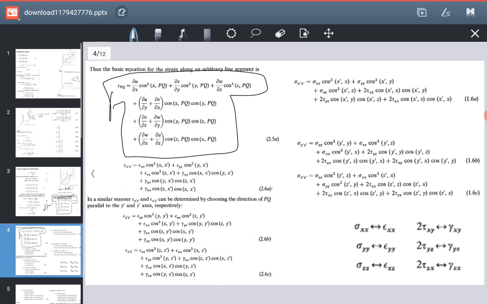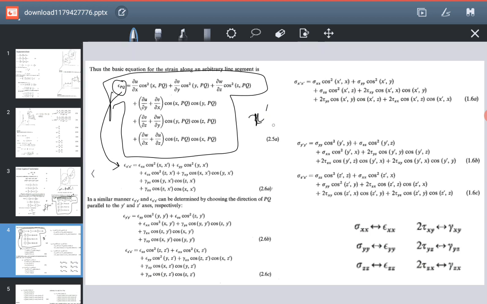Okay, this is the expression we are going to end up with after simplifying. Now this is for PQ, but we can generalize it to any x bar direction.